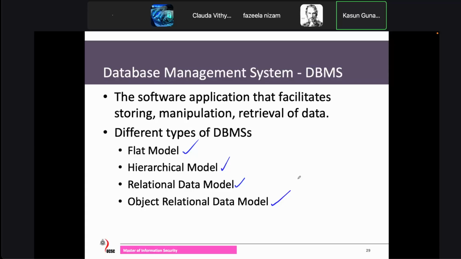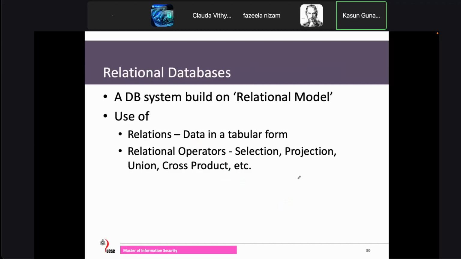Based on these different data models, and NoSQL, there are different database management systems. We will mainly be looking at relational databases throughout this course, but we have several lectures on NoSQL as well, making sure that data environments are sufficiently protected in NoSQL environments too.